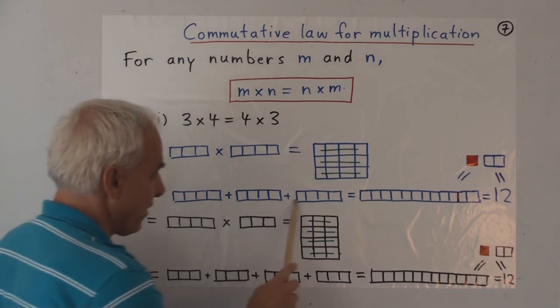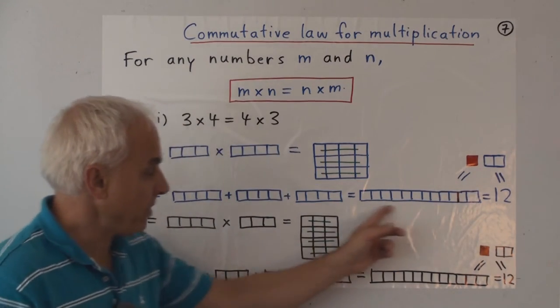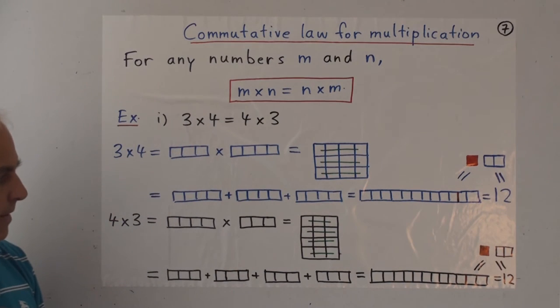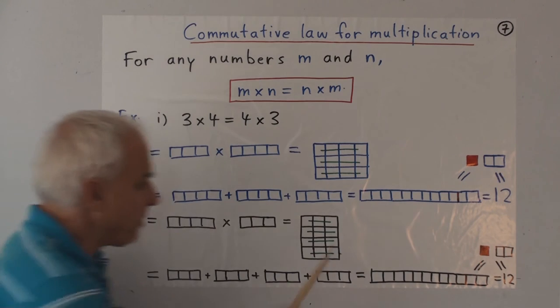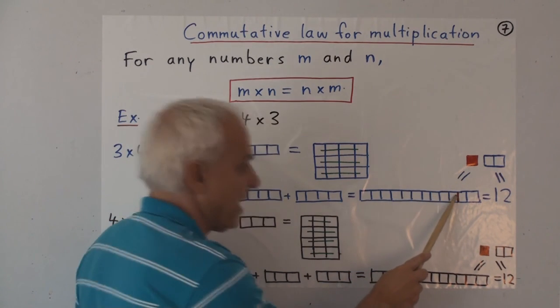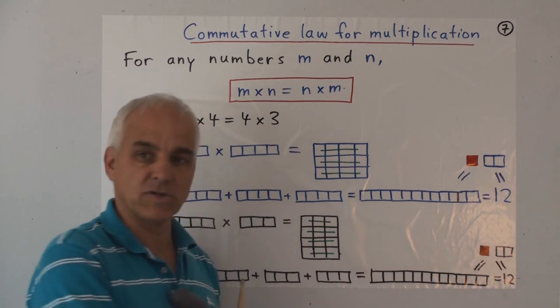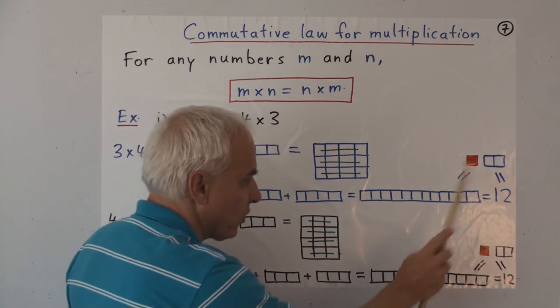Okay, when we add those together, 4, 4, 4, we get that big number there. And how do we count that? Well, we peel off 10. 1, 2, 3, 4, 5, 6, 7, 8, 9, 10. We'll make a little marker. That number there is the same as a single 10. Then we have 2 left over.